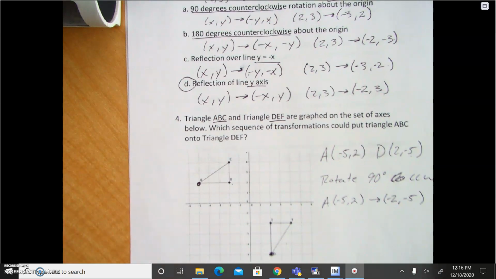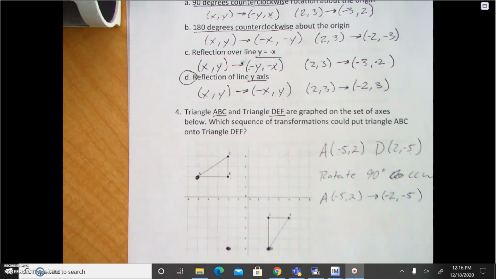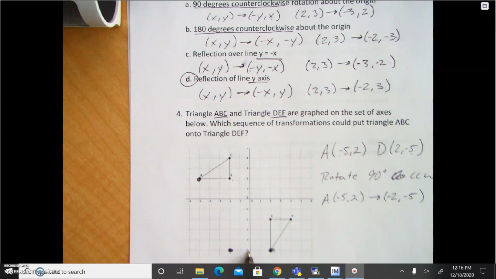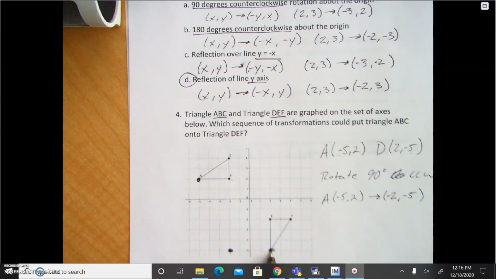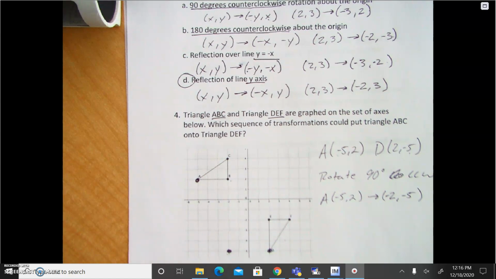So I'm going to plot that. So -2 and -5 is right there. But I need to get here. So then I can notice that this point is 2 away from the y. This point is also 2 away from the y. So maybe if I reflect over the y, that will work.